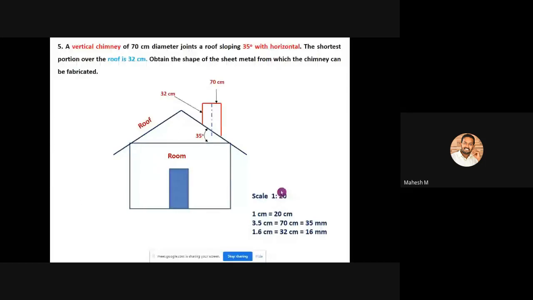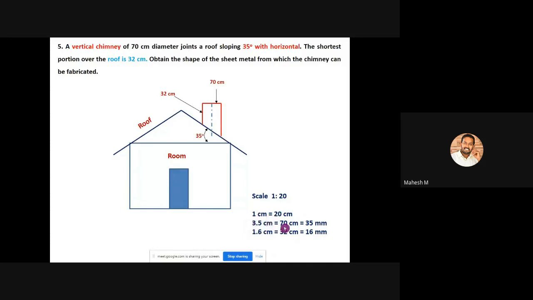In this diagram, I have used a scale of 1:20. The reason behind this is we can convert 20 centimeter into 1 centimeter. So instead of 20 centimeter, you can create a diagram with a dimension of 1 centimeter. So we can convert this 70 centimeter into 3.5 centimeter. What is 3.5 centimeter?